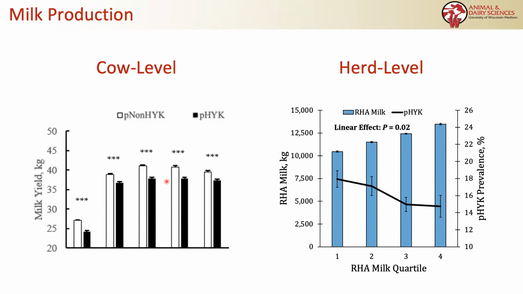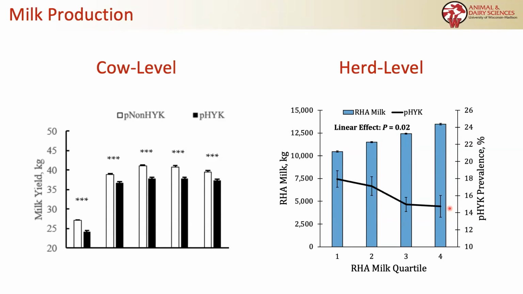As we look at the rolling herd average milk quartiles from left to right, so the lowest milk quartile to the highest, and you can see on the left here what those milk productions of the quartile are for the blue bars, as that milk production on a rolling herd average increases, the predicted hyperketonemia prevalence decreased linearly. And this is really interesting and maybe a little surprising. It's certainly in contrast to the individual cow data I'm showing you on the left.